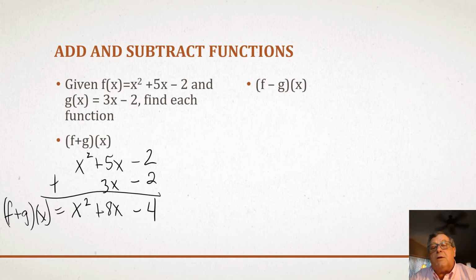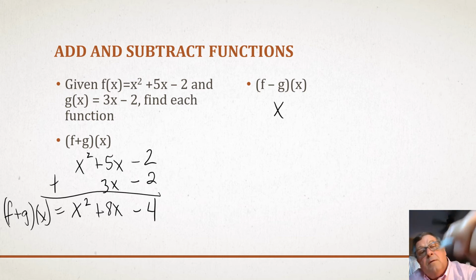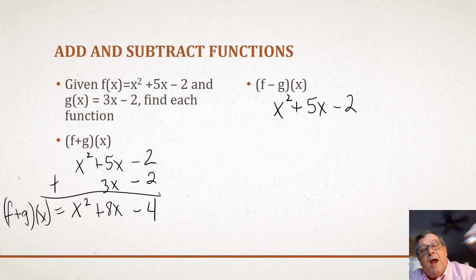One reason why I like to list it vertically is particularly when I'm subtracting functions. In essence, what's happening when I'm subtracting functions is I'm just changing the sign of the function that I'm subtracting. So let's list this. I'll start off again with x squared plus 5x minus 2, and we're going to subtract from it 3x minus 2.